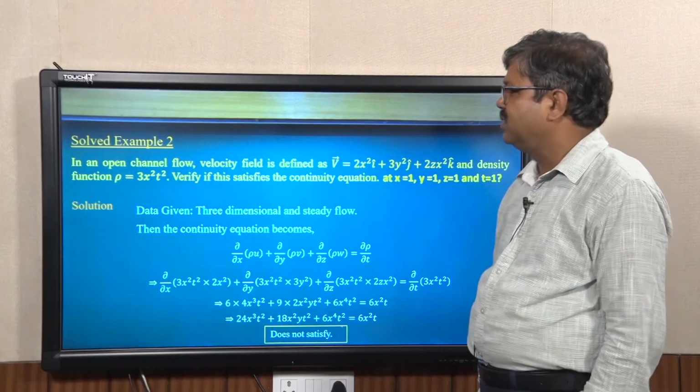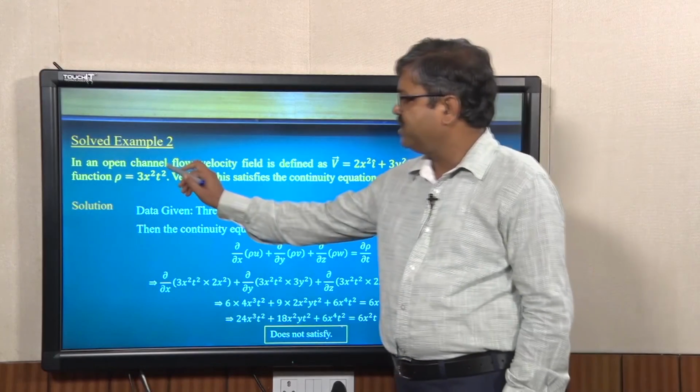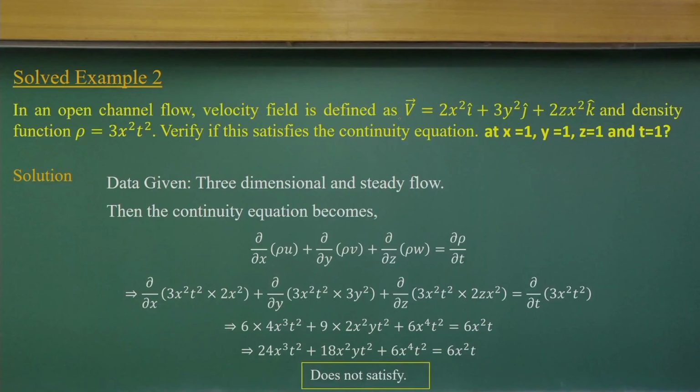In the same way, the next example is a solved example in open channel flow. The velocity field is defined with x, y, z components as functions: 2x square, 3y square, 2z square. Density is given as a function of 3x square t square. Does this satisfy the continuity equation at x, y, z equal to 1 and t equal to 1?